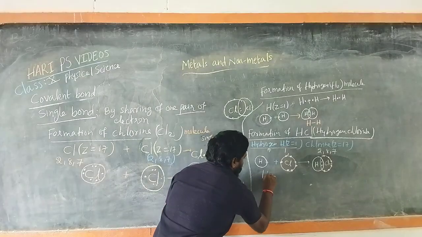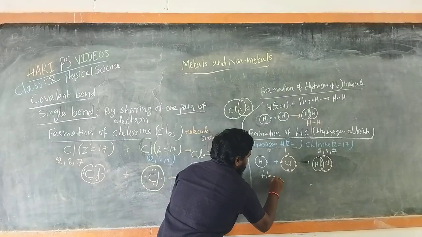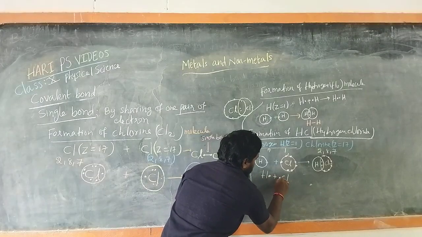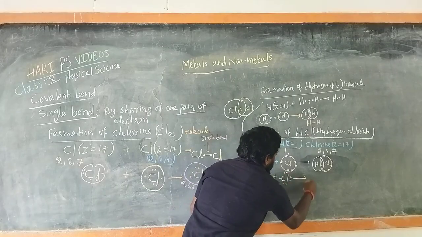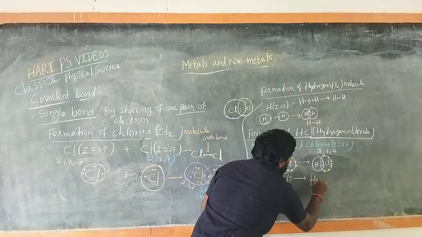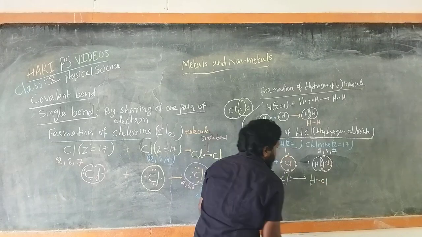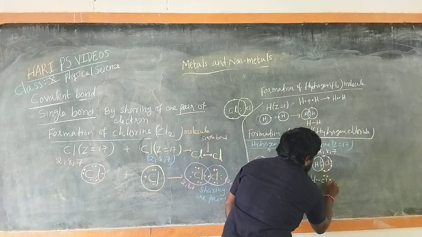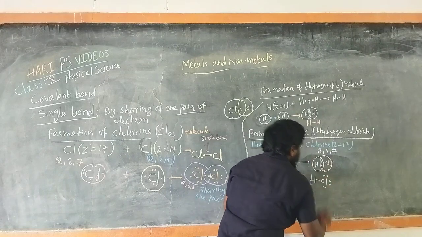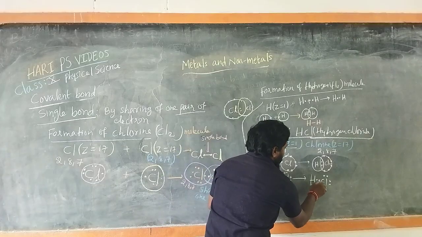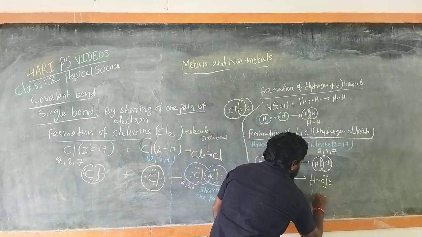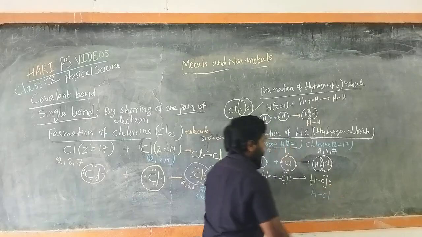So here we can write like this: hydrogen plus chlorine, formed as HCl.